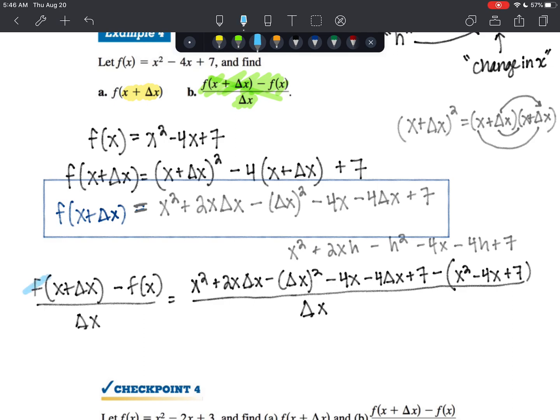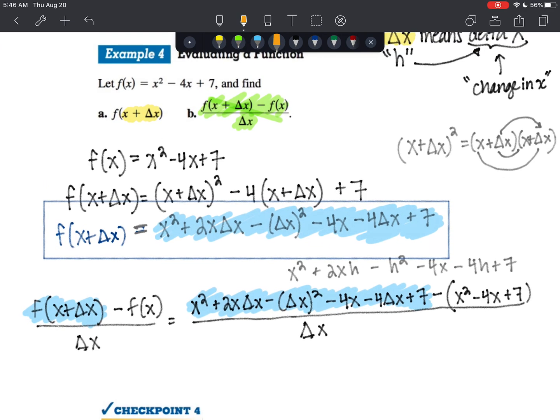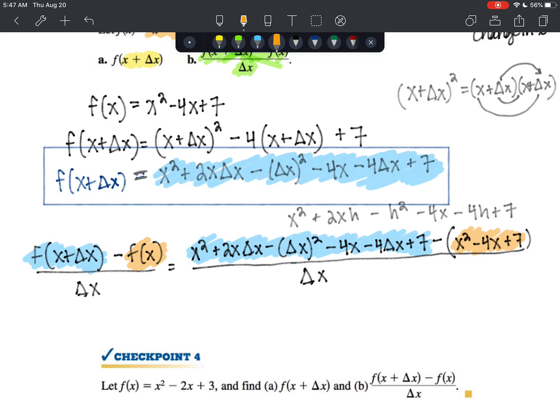So let's use some color here. F of x plus delta x is this expression right here. Good. So I substituted in that expression for f of x plus delta x. And then f of x is x squared minus 4x plus 7. I need to subtract all of that. That's your f of x. And then we had over delta x.